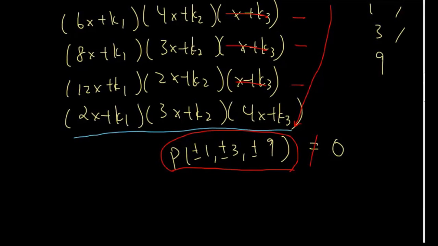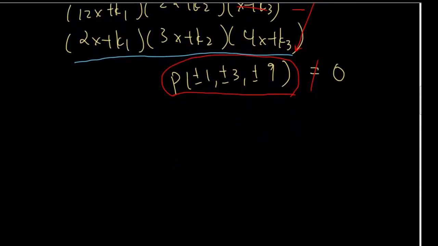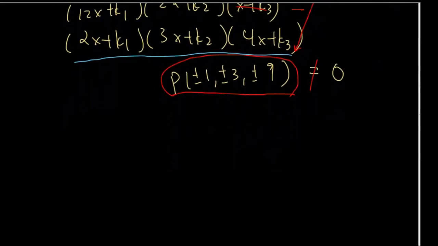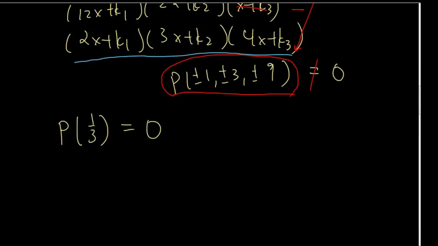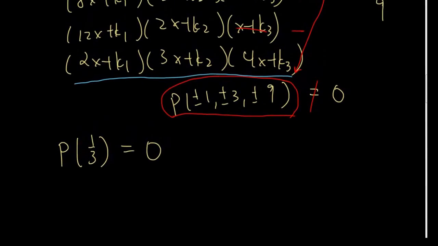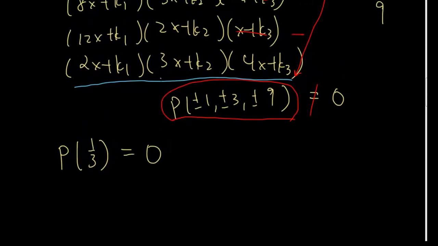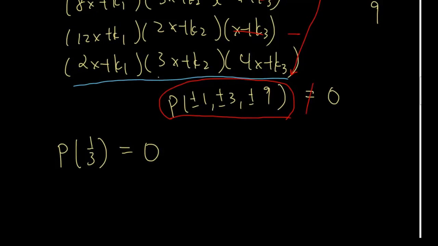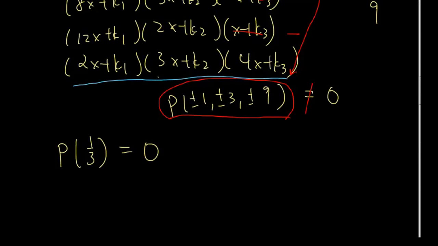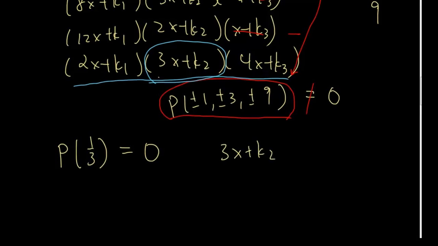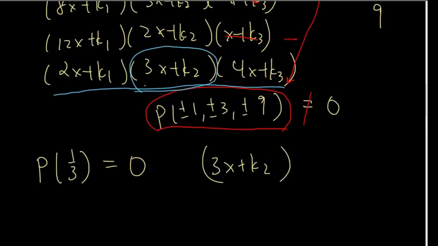So I found previously that if I put in 1 over 3 into p, it will give you a 0. That means I've chosen this factor here to put in my trailing number: 3x plus k2. That's my potential factor. What are my trailing numbers?